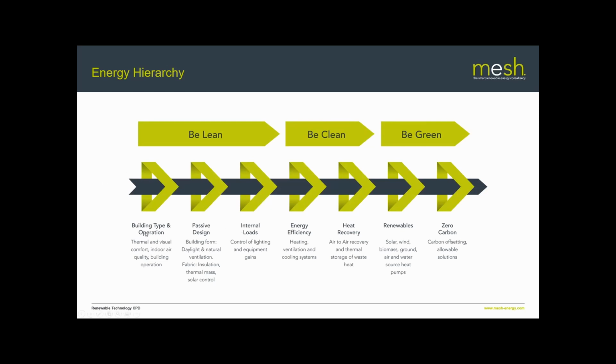Starting from the left here, it's talking about all the passive things that you can do with a building to reduce the reliance on technology. So whilst this presentation talks about technology, really we should have been thinking about all these other things before we get to talking about technology, renewables, and all those kinds of things. That's right over here on the right hand side. So we've gone through all these things before we get to where we're talking about today.